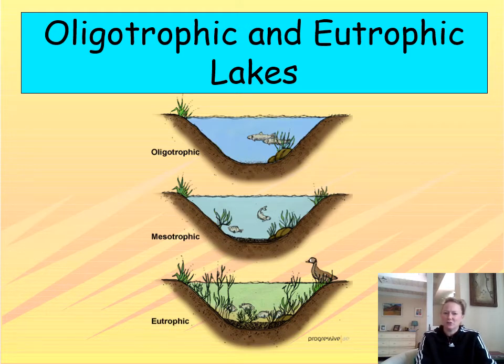They're full of nutrients, sometimes unfortunately from runoff from people. That nutrient runoff can lead to excessive algae growth, which in the long run will lead to a decreased amount of oxygen. So if you're comparing biodiversity in oligotrophic and eutrophic lakes, oligotrophic lakes tend to have more species that live in them.